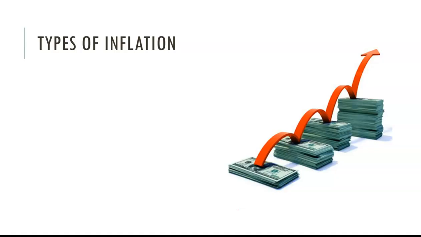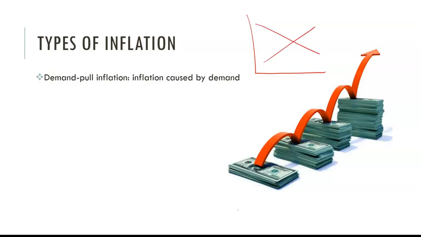Types of inflation typically categorize the general cause of inflation or which sector of the economy is driving the inflation. Demand pull inflation is inflation that's caused by demand. If you remember when we looked at our market graph, an increase in demand causes prices to go up.